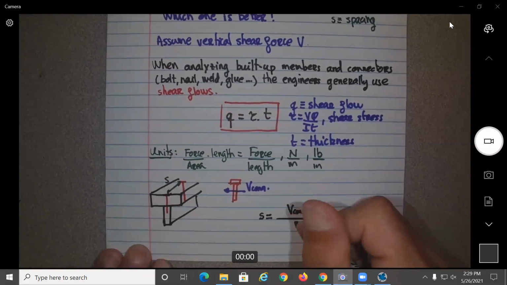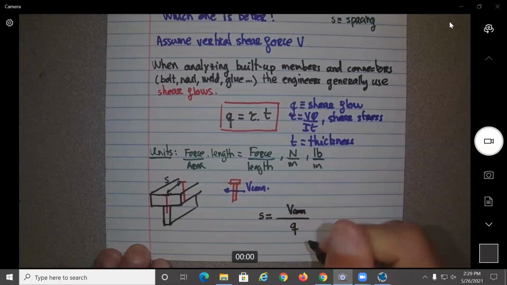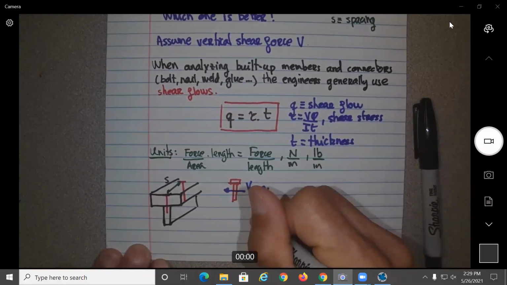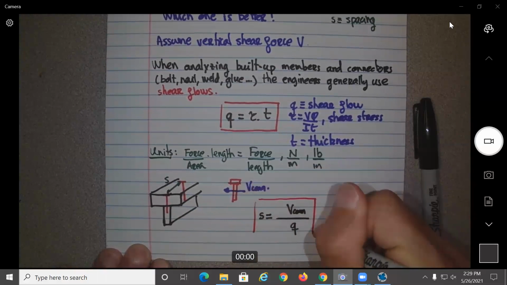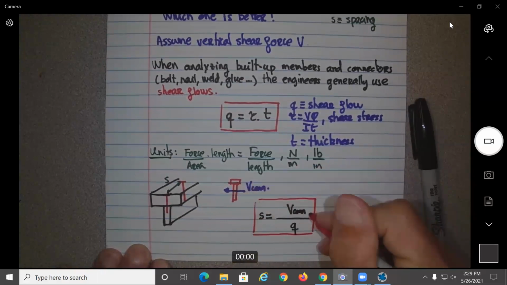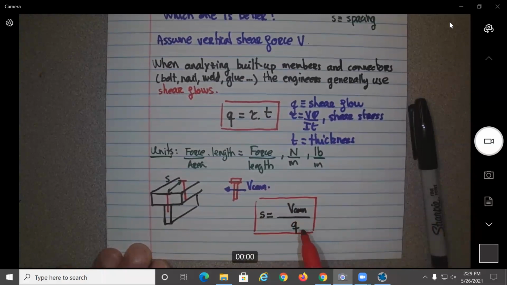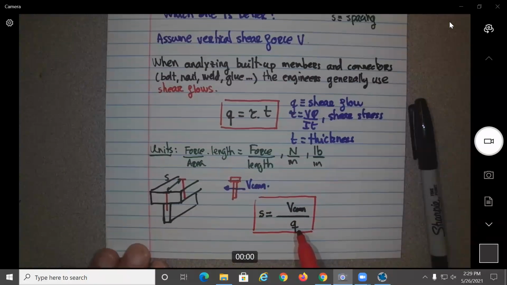Now, if we divide this by the shear flow, what would be the units? So this is force divided by force over length, no? So this would just give us length, correct? Okay. So the spacing required will be the shear force that the connector can withstand divided by the shear flow produced by the loading.